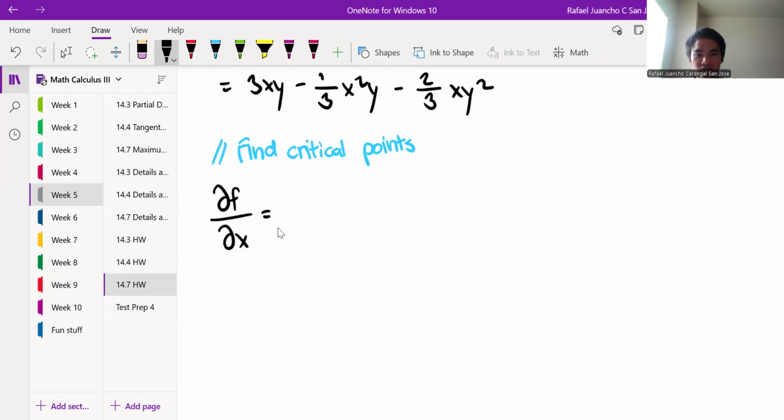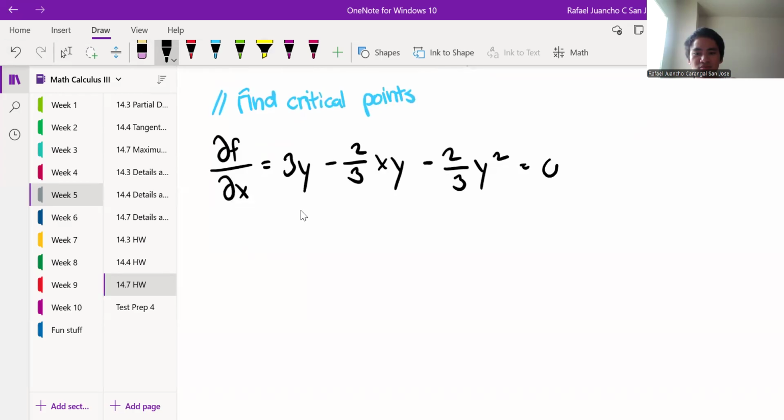I get here 3y minus 2/3 xy, well, I actually have a 2 here, minus 2/3 y squared, right? And then I equate that to 0. Okay. Then I have my other one, which is now in terms of y.